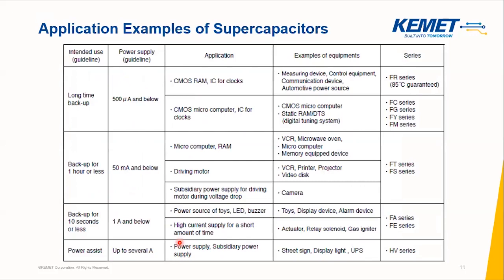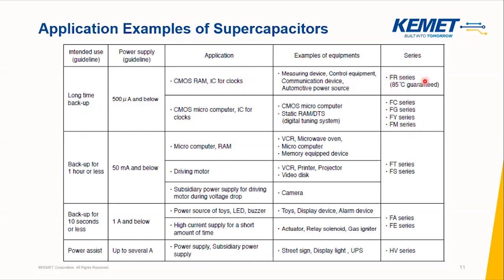Another table that we have can actually help you with more information regarding the backup time, application, and the relevant series, as you can see in this table. For example, if you are looking for a long time backup, and a current of 500 microamp and below, for applications such as CMOS RAM, ICs for clocks, microcomputers, and equipment like measuring devices, these series can be useful.